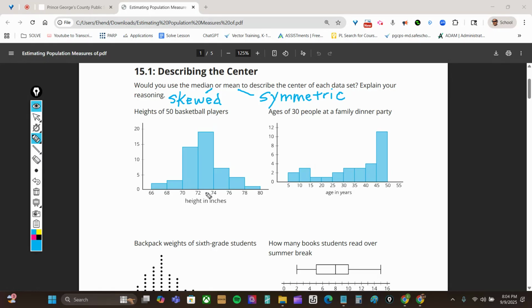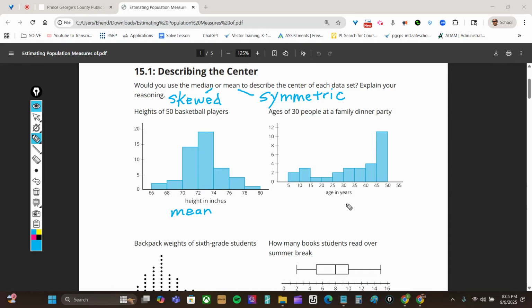So if we're looking at this data over here, the height of the basketball players, it is symmetrical, so it's probably going to be better to use the mean, because it's going to use all the data and balance it out.